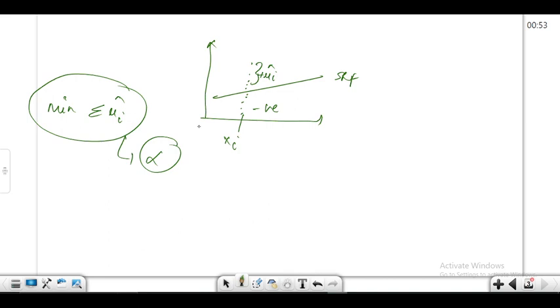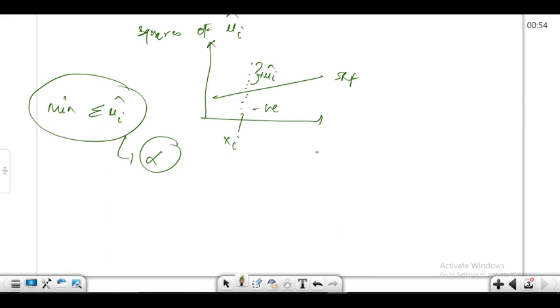Okay, so if I sum the ui hats, they will cancel out and the remainder will already be very small. So this might not be the best possible way to minimize my ui hats. So what is the other way? In the other way, as the name also suggests, we minimize the squares of ui hat.